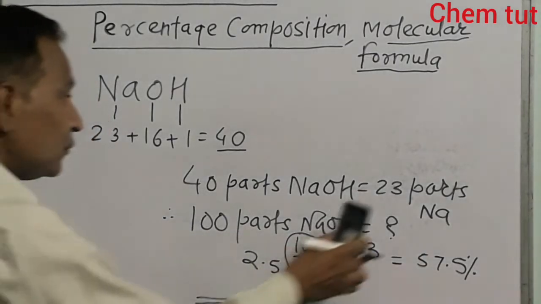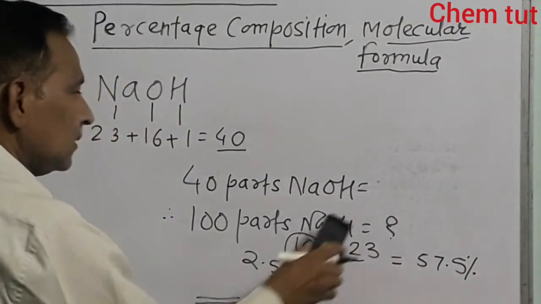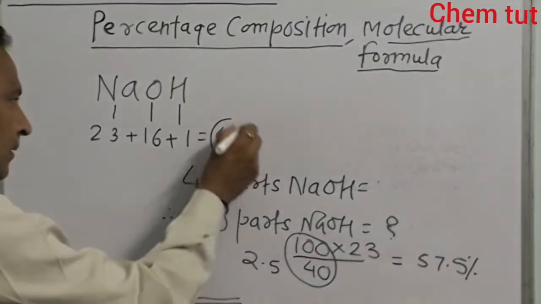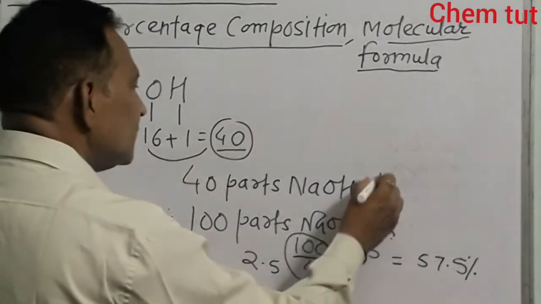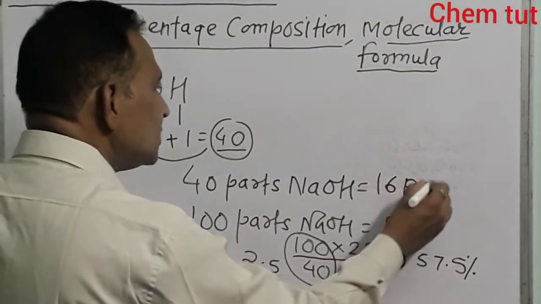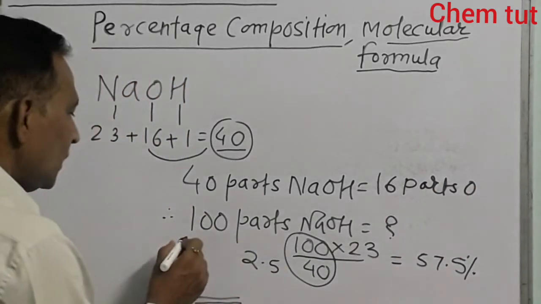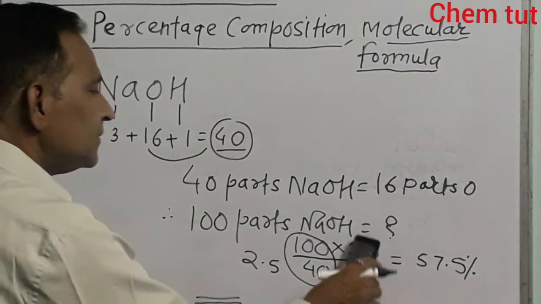Now, instead of sodium, if you try to calculate the contribution of oxygen, we can write: 40 parts of sodium hydroxide contain 16 parts oxygen. Therefore, if 100 parts of sodium hydroxide is taken, what is the contribution of oxygen?